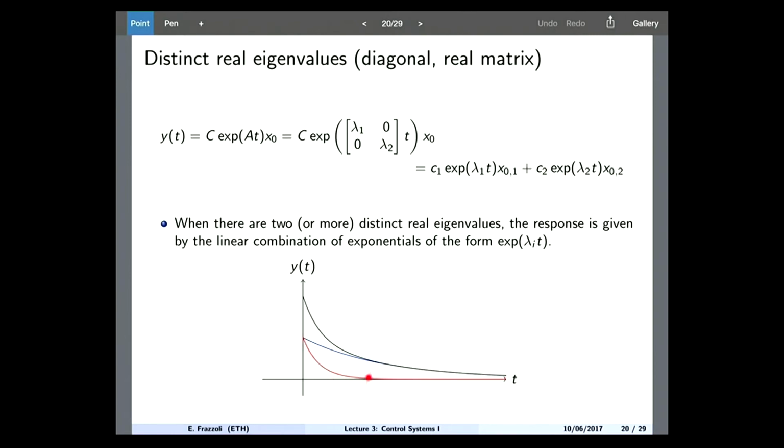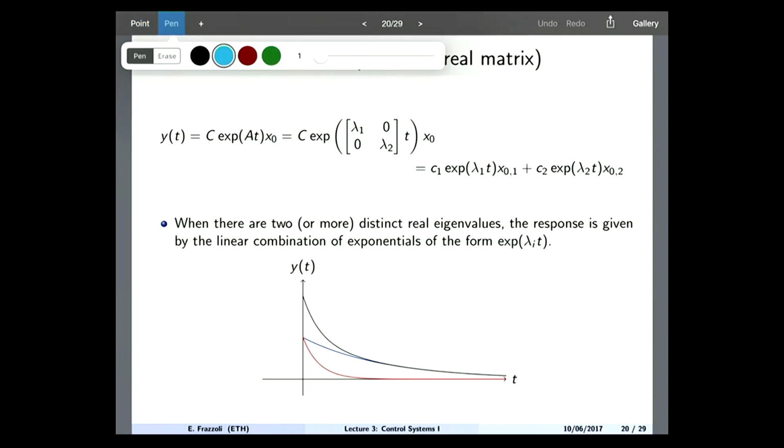So in general, what will happen is that your solution will be given by something that multiplies some exponential plus something that multiplies another exponential. You add the two, what you get is something like that, right? So the black curve is not quite an exponential, but is given by the sum of two exponentials, right? In particular, you may notice that in this case, I have a first exponential with a very short time constant, so it's an exponential that decays quickly.